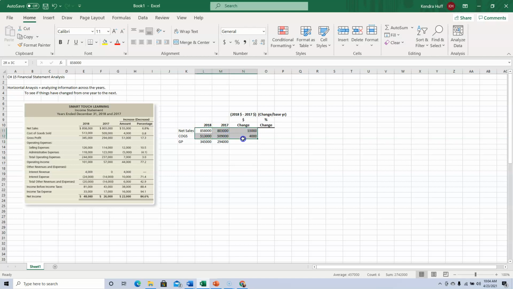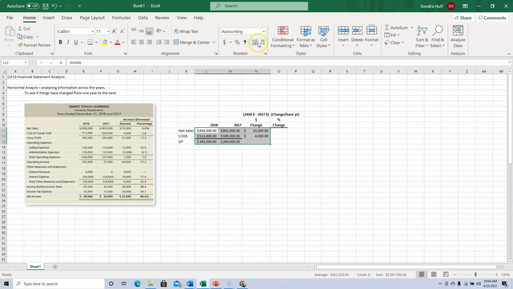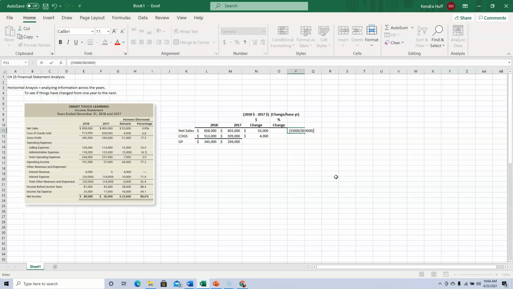So these are all dollars. And then the percent change is going to be the dollar change, in this case 55,000, divided by the dollar amount for the earlier year. For this one, it's going to be the 4,000 divided by the 509, the earlier year.